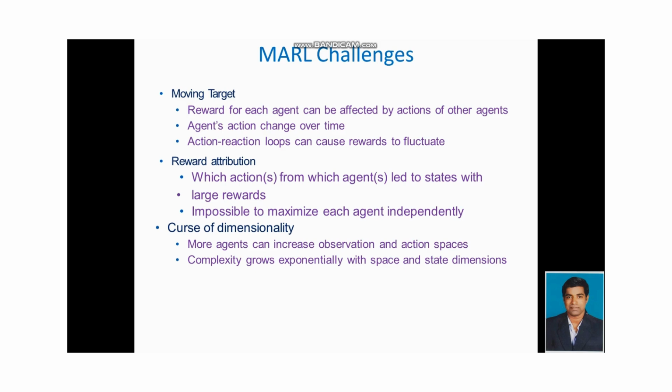And the reward distribution: which actions from which agents lead to states with large rewards. It is impossible to maximize each agent independently. Curse of dimensionality: more agents can increase observation and action spaces, and complexity grows exponentially with the space and state dimensions.